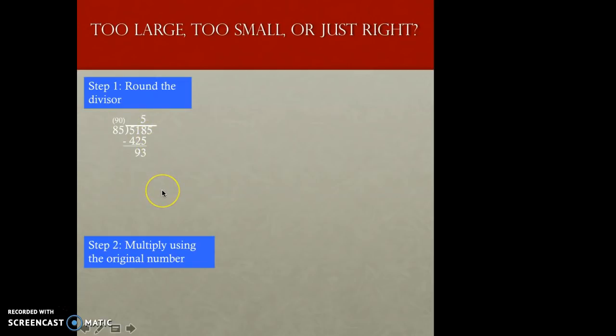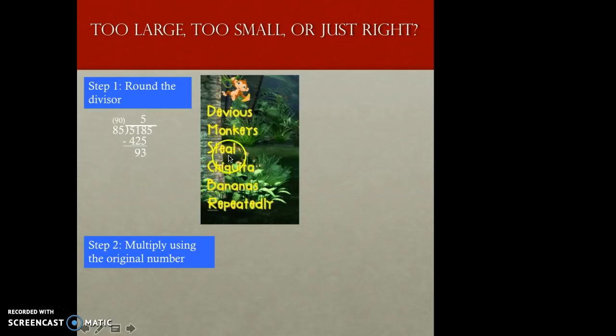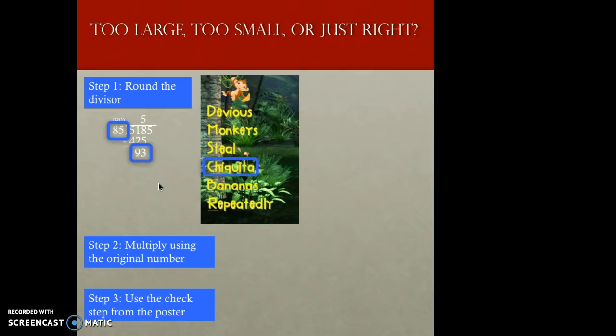Now look what happens. We multiplied, we subtracted, now I'm going to check. That 93 is larger than the 85. So that's a problem. Remember I told you we have to check, and that must be lower.